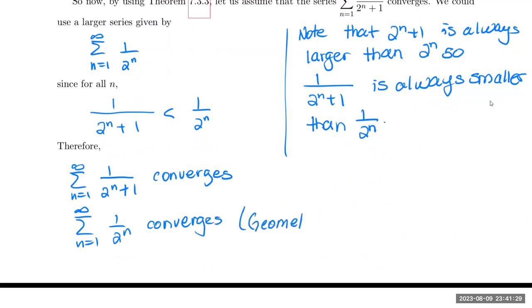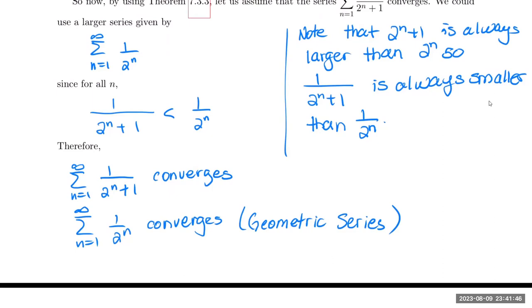We know that a geometric series converges whenever the common ratio is smaller than 1. Clearly, the common ratio here is smaller than 1. So that's why both of these series will actually converge.